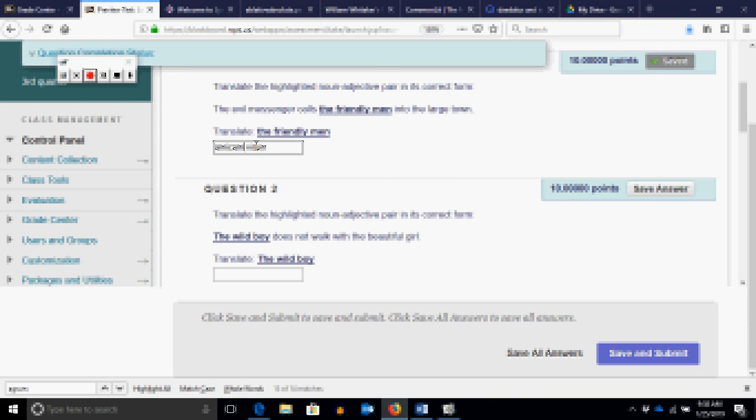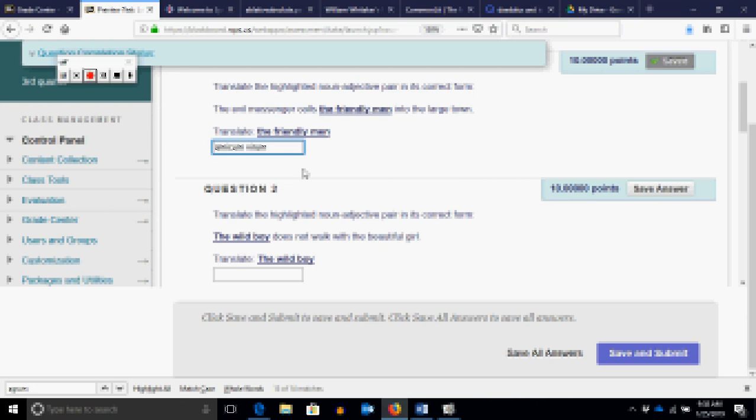So like amicam, it would have that A pattern that would show up. But virum is masculine. So I'm going to use second declension to show, hey, my noun is masculine. Remember, the nouns will never change their declensions, but the adjective will based on the gender of the noun. That's what we call noun adjective agreement.